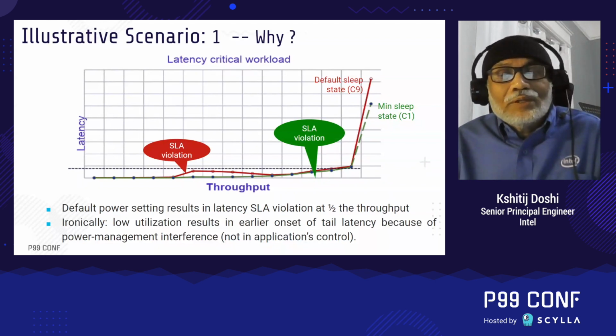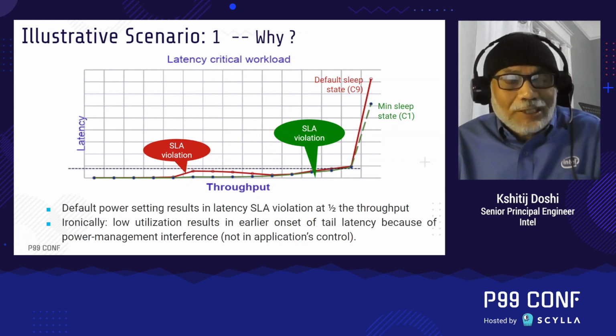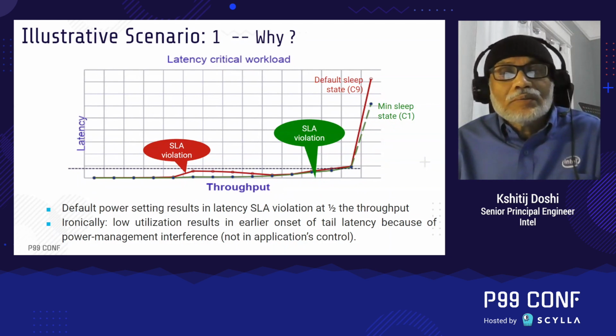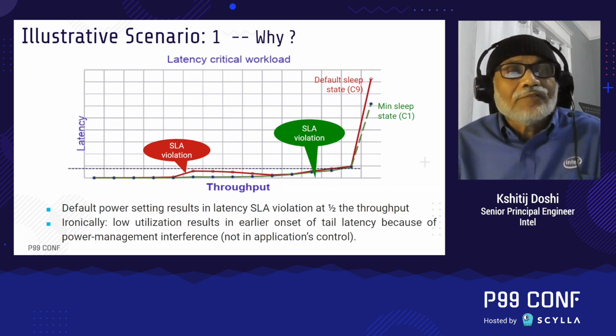Now, when this was fixed by changing the default sleep states into something that would be a minimum sleep state, then the processor would not go into deep enough sleep states, and therefore the circuit level realignments in various timing loops would not take so long in order to come out of such deep sleep states, and further the caches wouldn't get as cold.